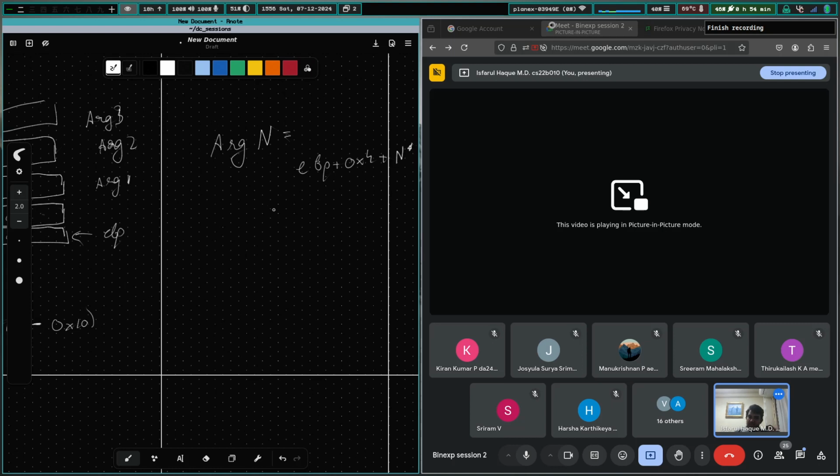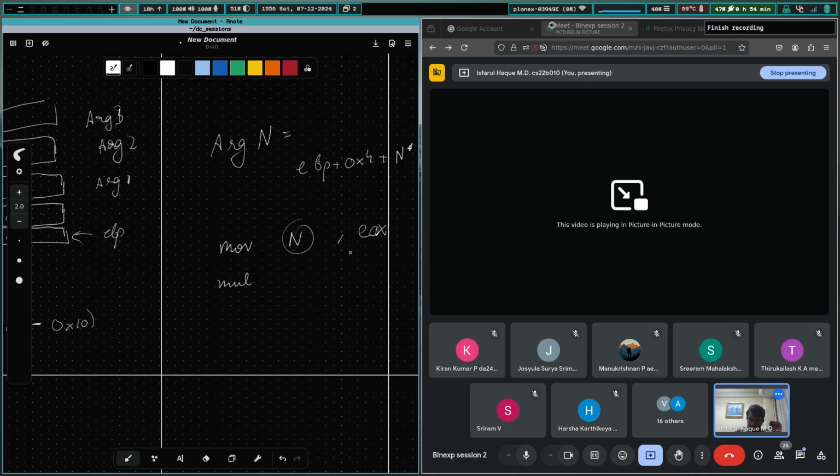So if you have to get the nth arg, the assembly instructions would look something like this. Mul EAX, assume EAX already stores n. Move, you can directly reference a value n, any hard-coded value, to EAX.